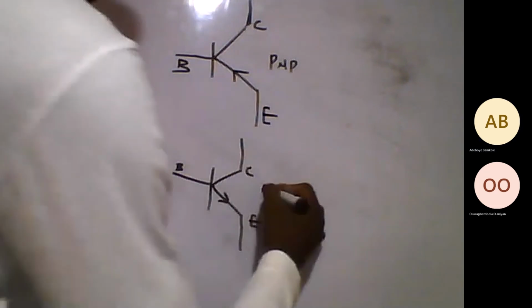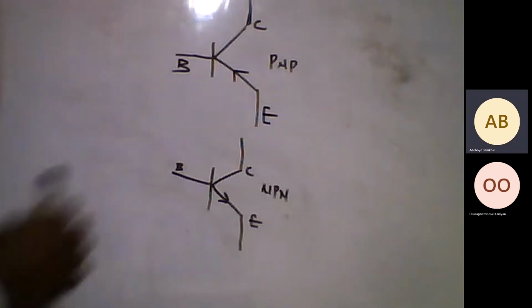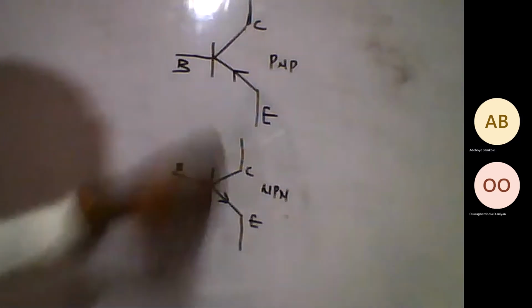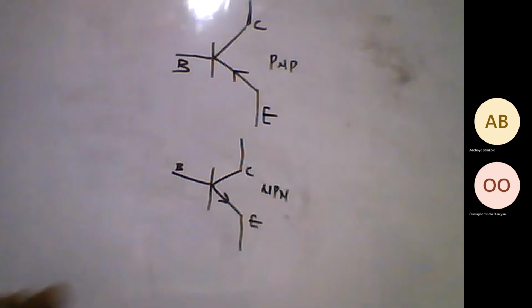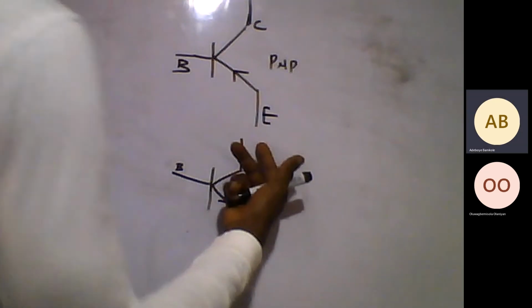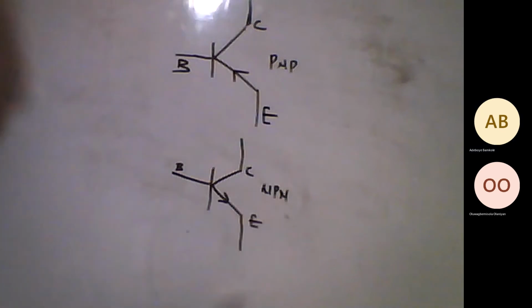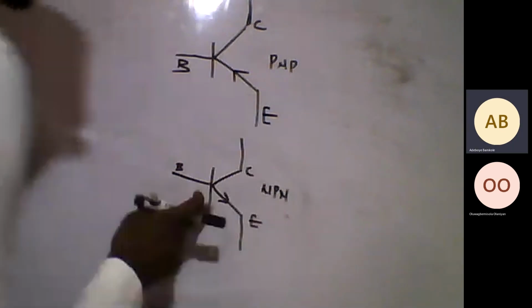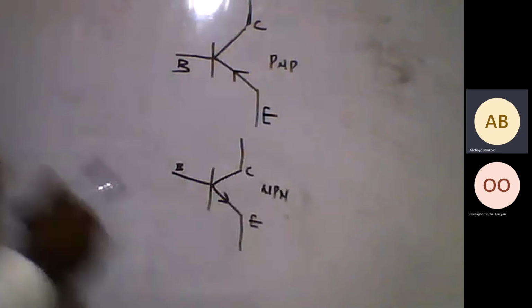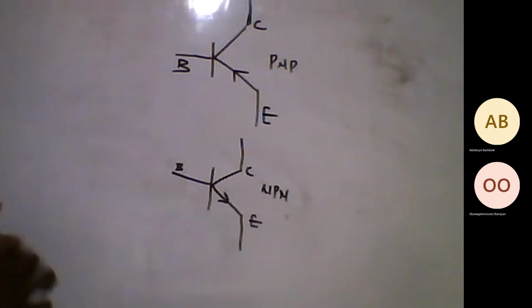This is your NPN. The arrow here shows you the direction of current flow. So for your NPN, current flows outward from your emitter, while for PNP it flows into the emitter. Okay.